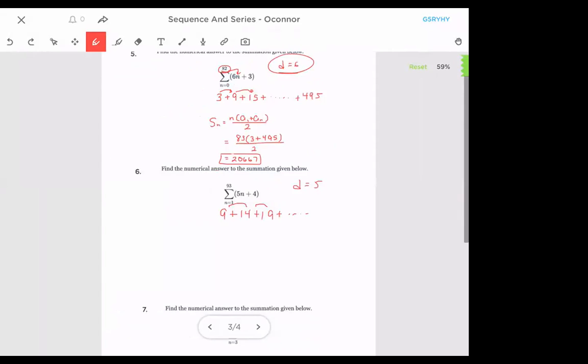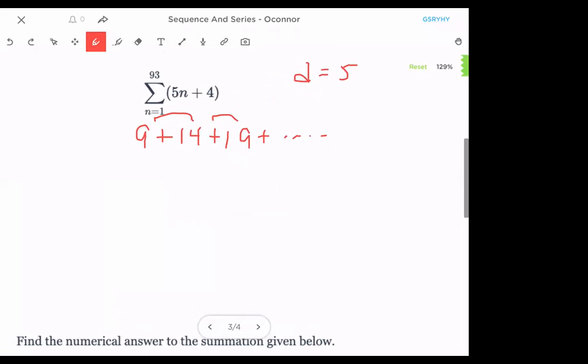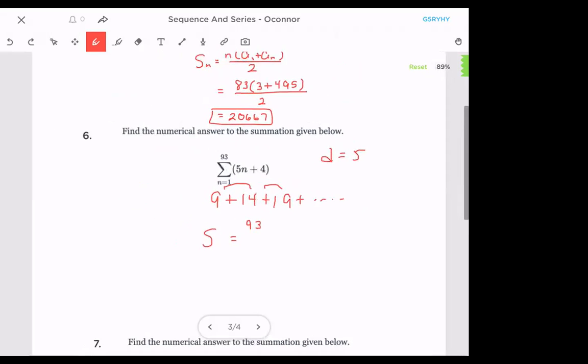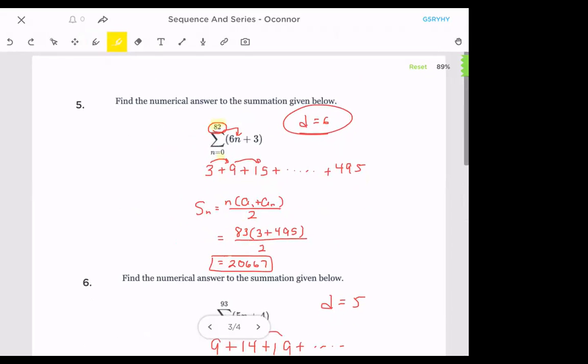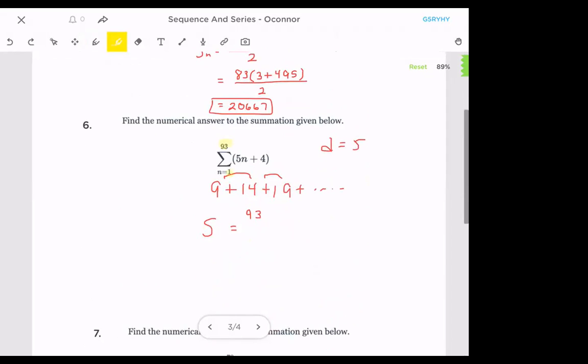So to find my sum, it's going to be n, which in this case is 93, because remember, I'm starting at 1 and going to 93. To find the n value, you can always do the top minus the bottom plus 1. So like here, if I did 82 minus 0 plus 1, it'd be 83. 93 minus 1 plus 1 would be 93, of course.